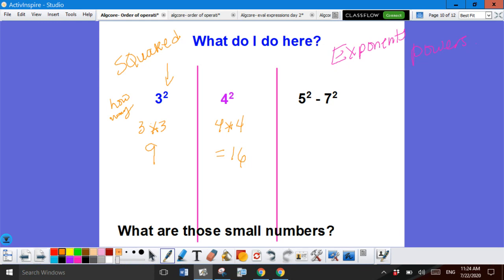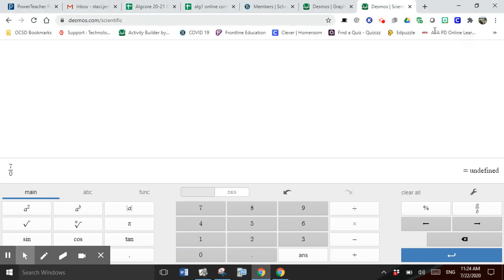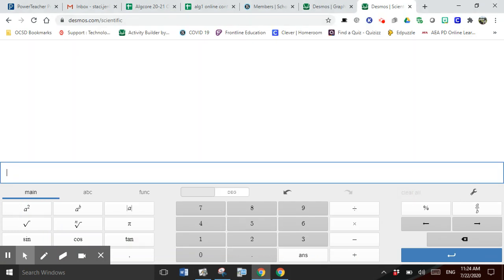Let me show you on the Desmos calculator how we can do powers. If I put in a 4, I want you to come over here and look at this a squared. A squared is just going to square my number. See how I have 4 squared there? And you can see over here it's 16. The next one that I had was 5 squared. So 5 squared is 25.